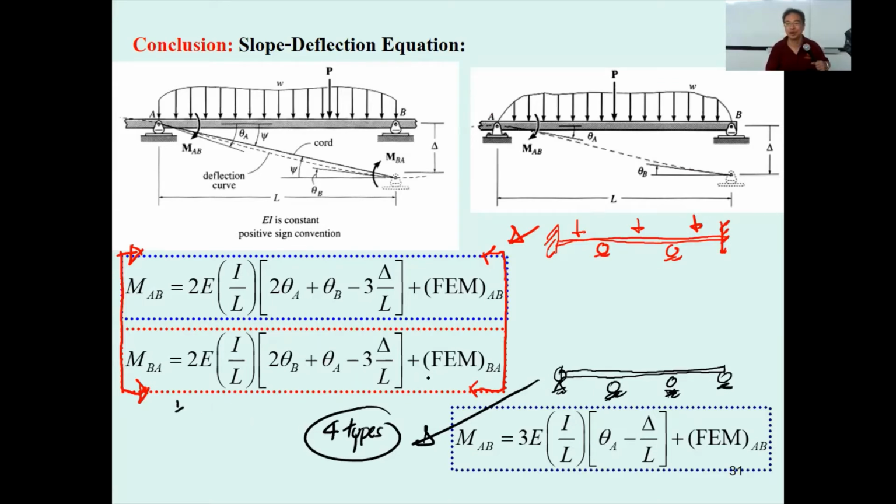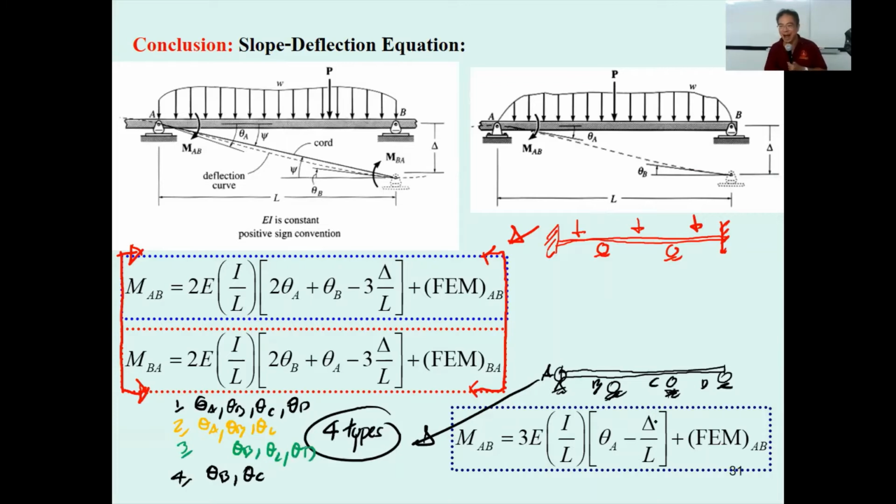One, if you like to find theta, let's say this is A, this is B, this is C, this is D. One, find theta A, theta B, theta C, and theta D. The fourth, just find theta B and theta C. The second, you like to find theta A, theta B, theta C. And the third, you like to find just theta B, theta C, and theta D. They are not the same.